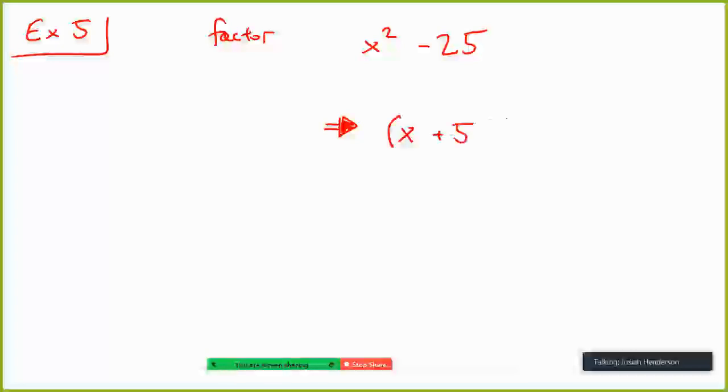x plus 5 times x minus 5. Remember, the plus and minus number that we're putting into our parentheses multiply together to make 25.